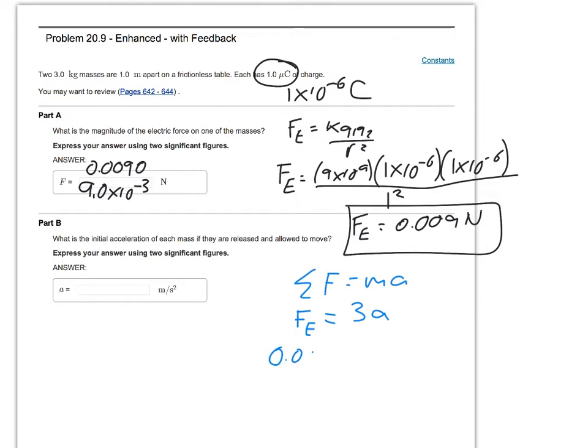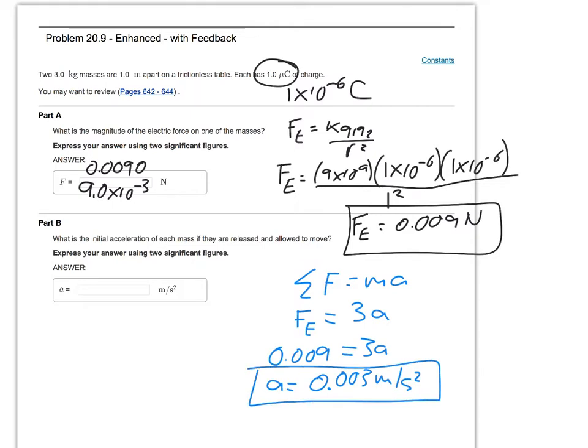So 0.009 equals 3 times a, and that means that our acceleration here is going to be 0.003 meters per second squared. Once again, if we want to put that to 2 sig figs, it would be 0.0030, or 3 times 10 to the negative 3rd meters per second squared.